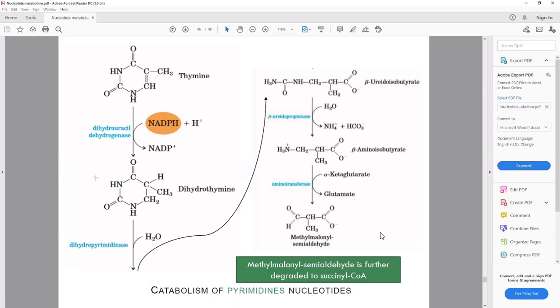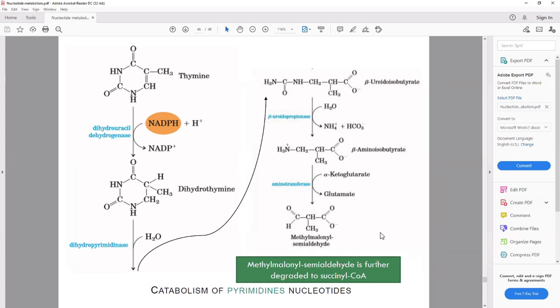Then the dihydrothymine undergoes the reaction catalyzed by dihydropyrimidinase to produce ureidoisobutyrate. Then it undergoes further reactions until it produces methylmalonyl semialdehyde. And this is methylmalonyl semialdehyde.